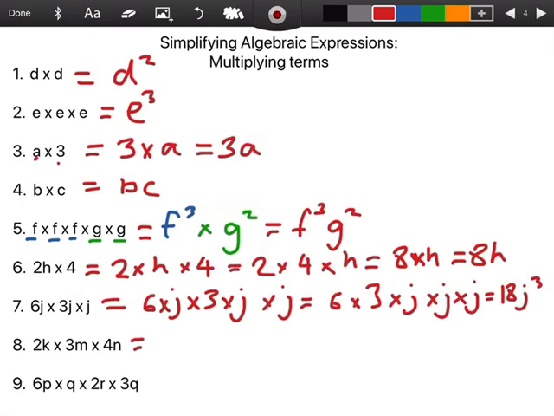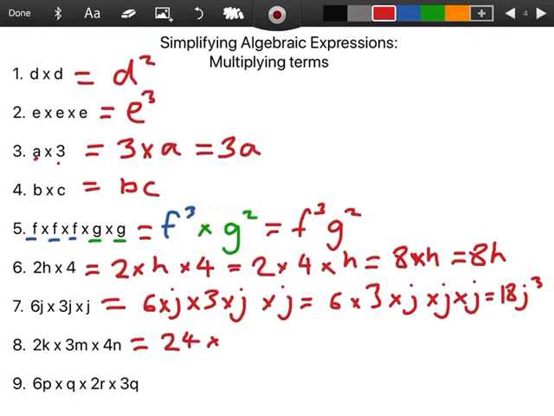Here on the next one, we've got 3 letters. Again, we can multiply the numbers together. 2 times 3 times 4. So 2 times 3 is 6, times 4 is 24. So we get 24 k times m times n.